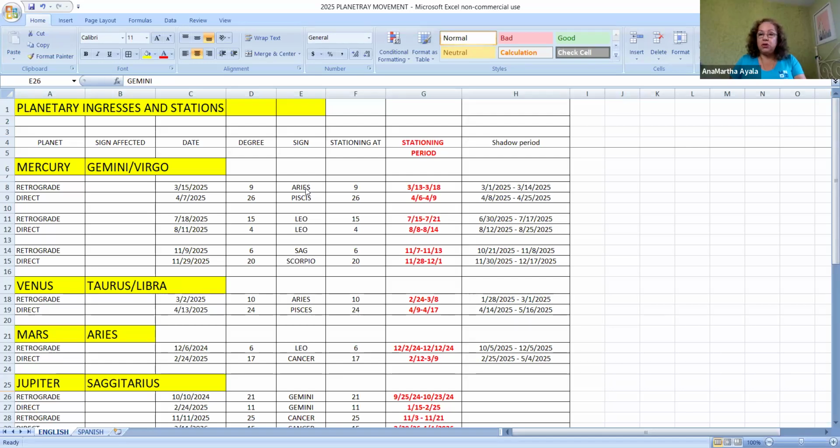If you have planets in Libra, Cancer, or Capricorn close to these degrees, and I'm saying 6 to 12 degrees, it will be a square. So it will be a challenge, this Mercury retrograde. If you have planets in fire signs, Aries, Leo, or Sag, this Mercury retrograde is going to be trining those planets if they are close again to the degrees that I mentioned.